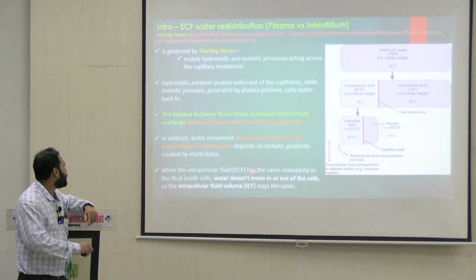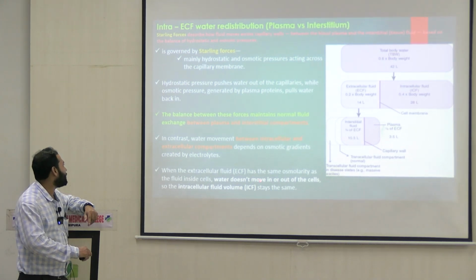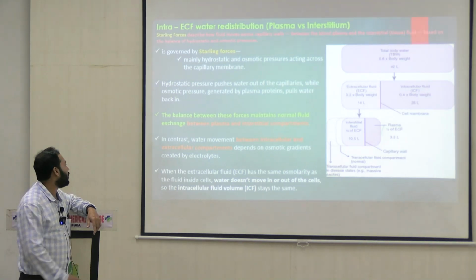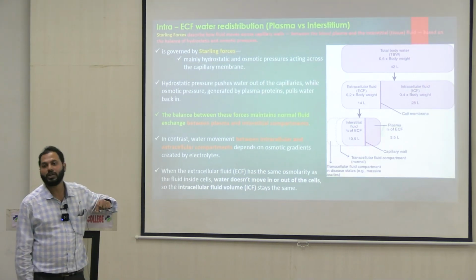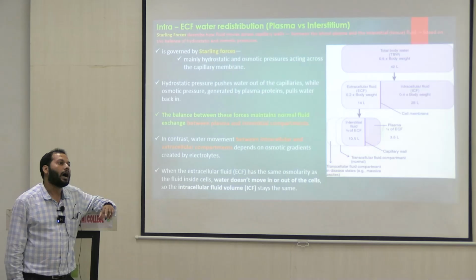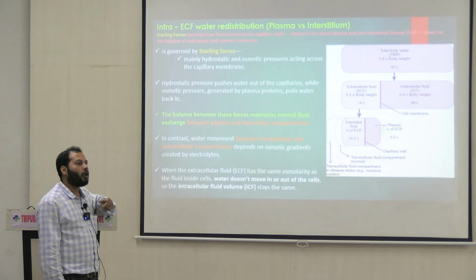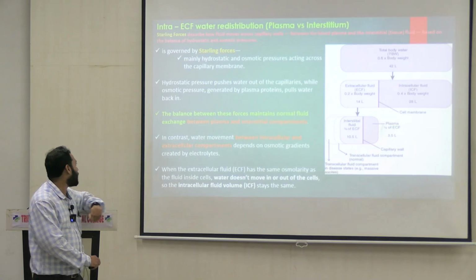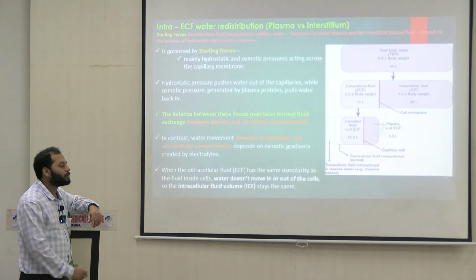When the extracellular fluid has the same osmolarity as the fluid inside cells, water doesn't move in or out of the cells, so the intracellular fluid volume stays the same. So now the question is, and this is a very important point, how are the intracellular fluid volumes maintained at a normal or optimum level? This totally depends on the osmolarity.